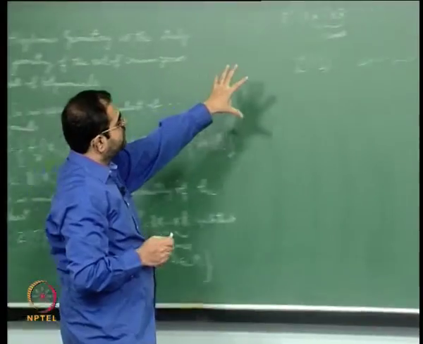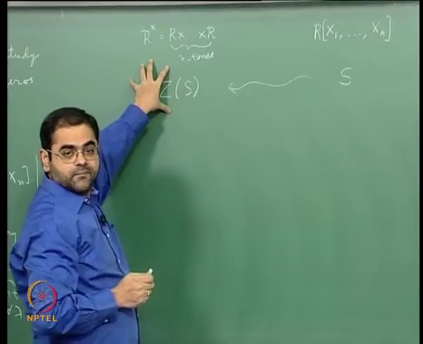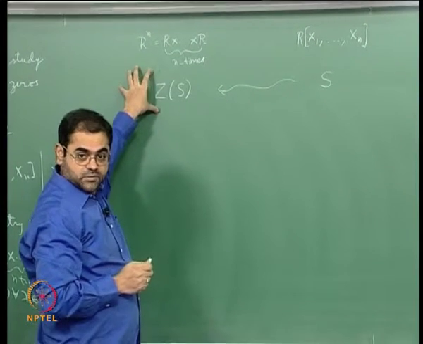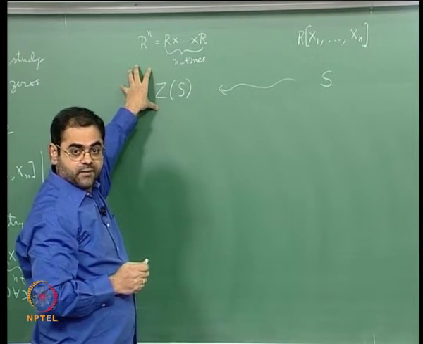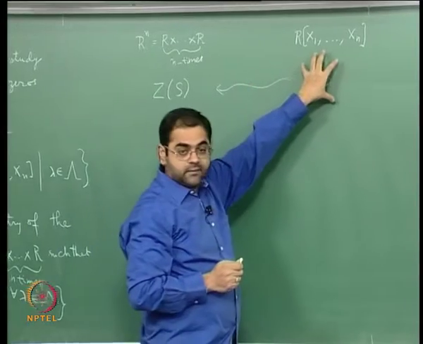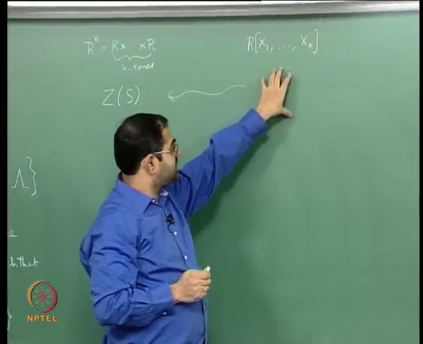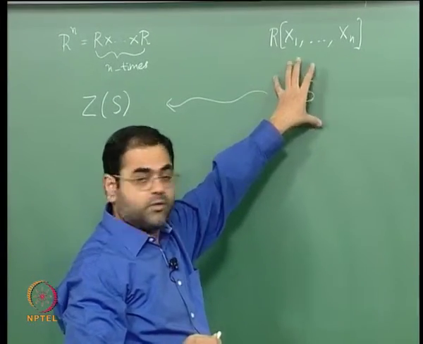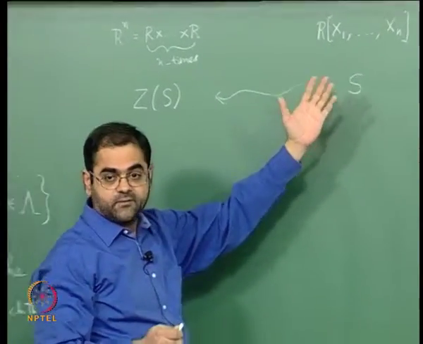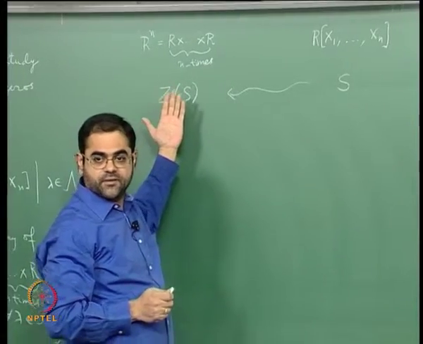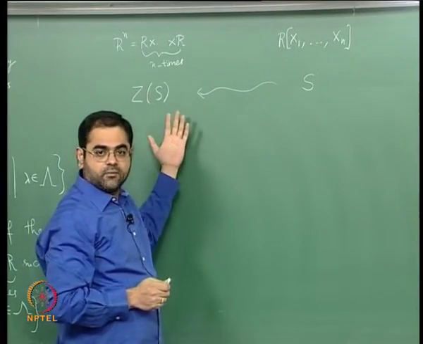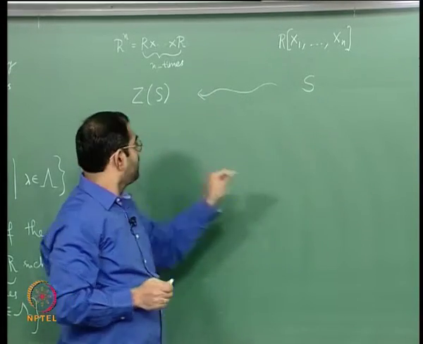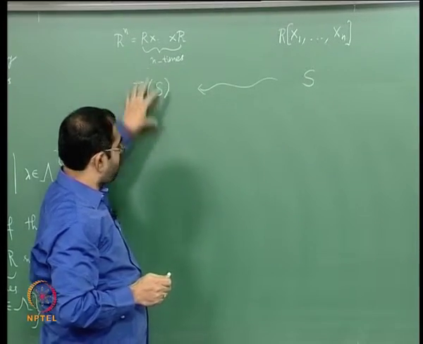There is one side which is the geometric side, where you have the space where you are looking at the zeros, and you have here the algebraic side which consists of essentially looking at the polynomial ring, okay. So you can already see that there is a commutative algebra side and there is an algebraic geometry side. So algebraic geometry is all about going from this to that and that to this based on properties on both sides.